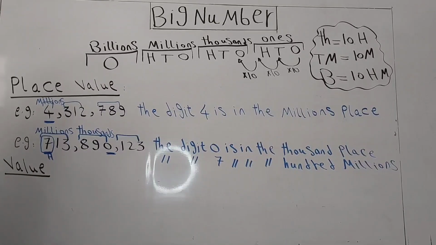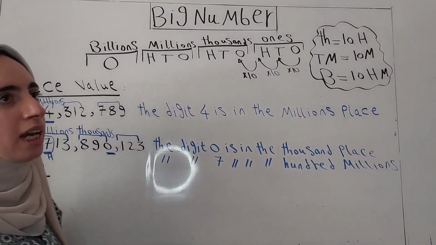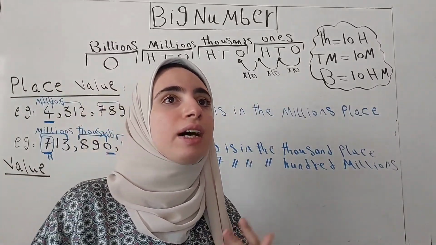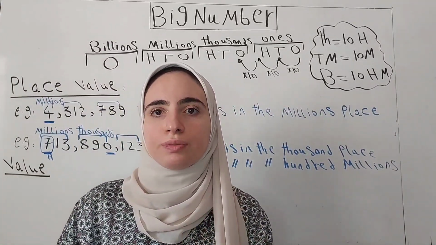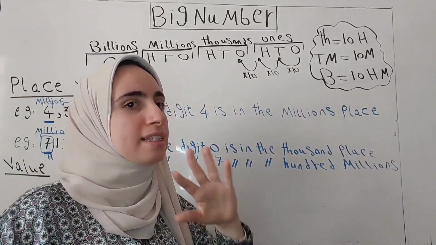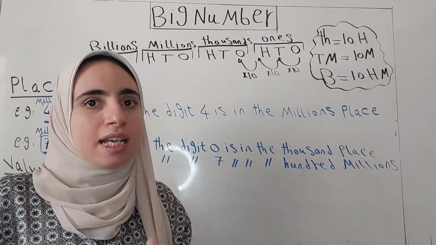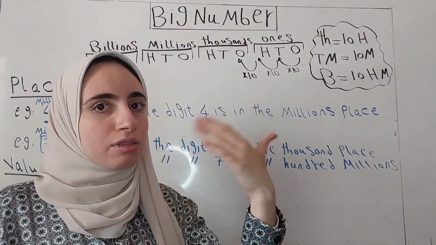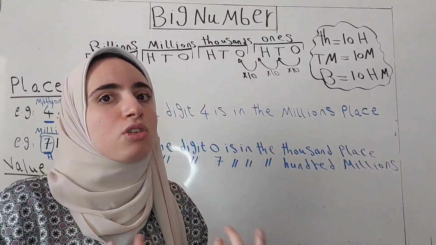The second one, value. How can we write the value for any digit? To write the value for any digit, we write the digit as it is and replace the last place with zeros.